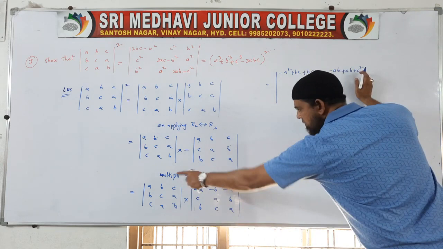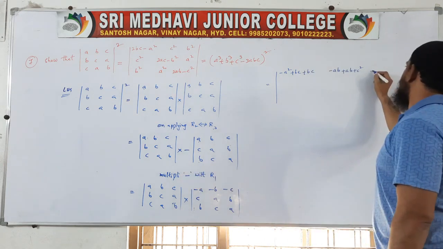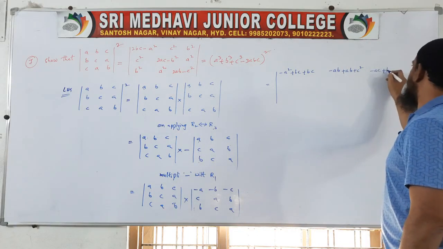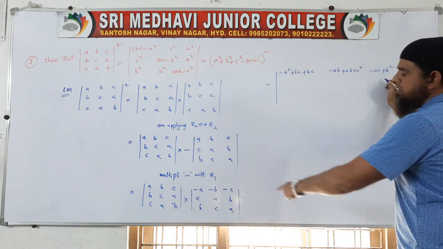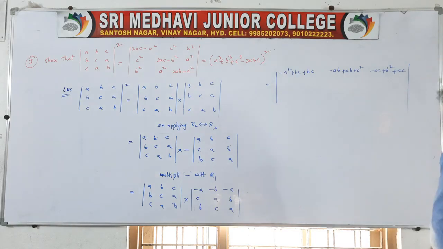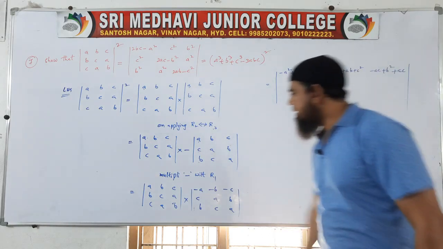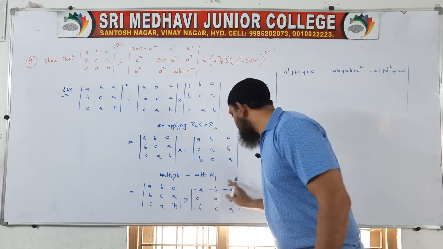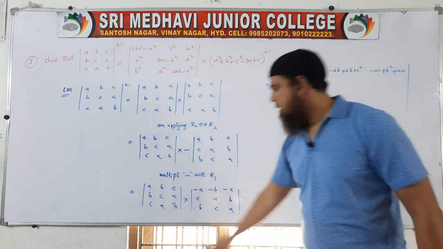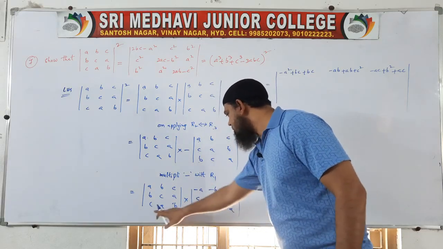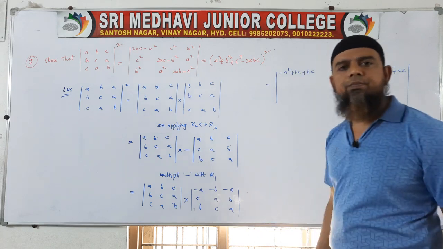Same row, third column: A into minus C, that is minus AC, B into B plus B square, C into A, that is AC. First row is completed. Similarly, second row, first column, second row, second column, second row, third column. Then third row, first column, third row, second column, third row, third column.